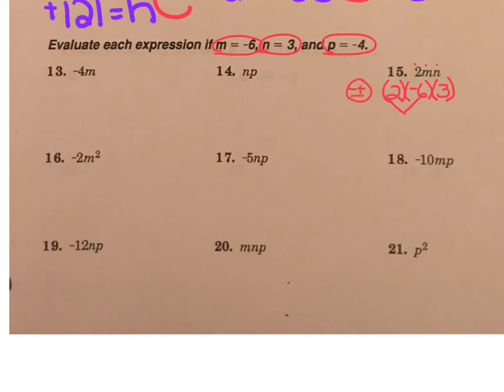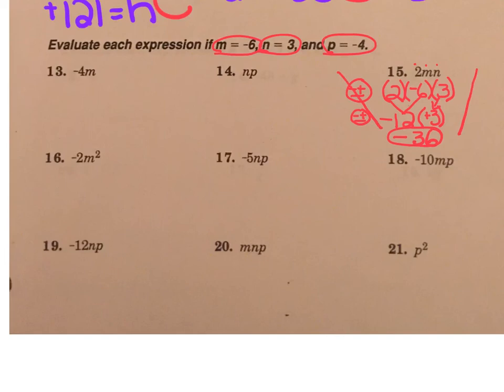We know when the signs are different, you get a negative 12. Now bring down the positive 3 and continue to multiply. A negative times a positive, once again, gives you a negative 36. That's your final answer as you simplify this expression.